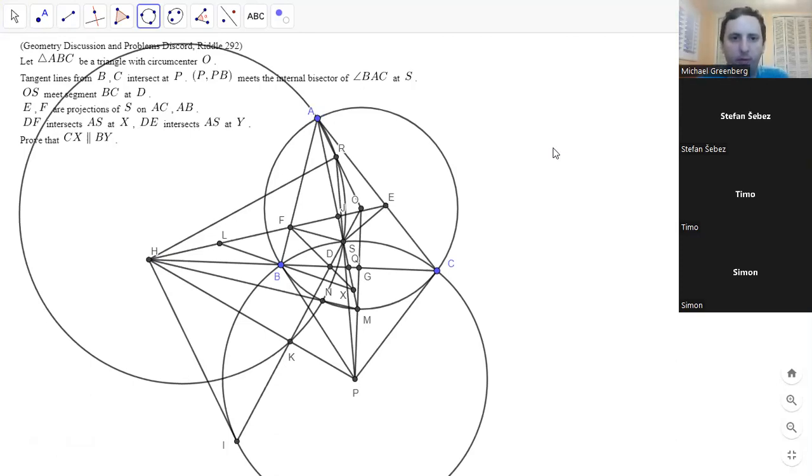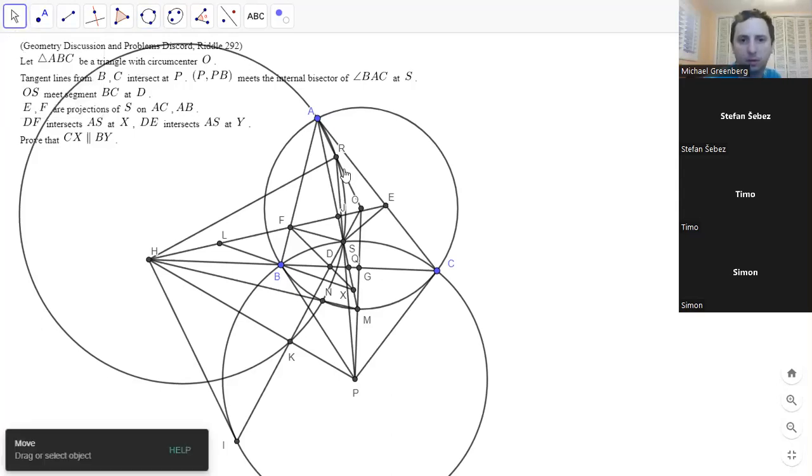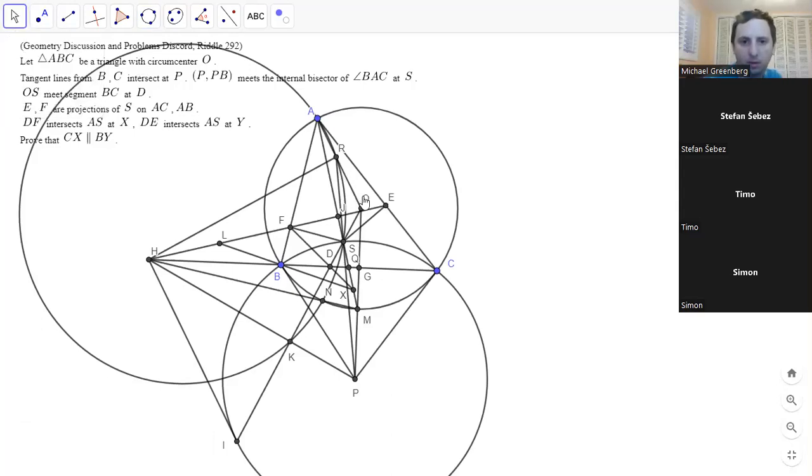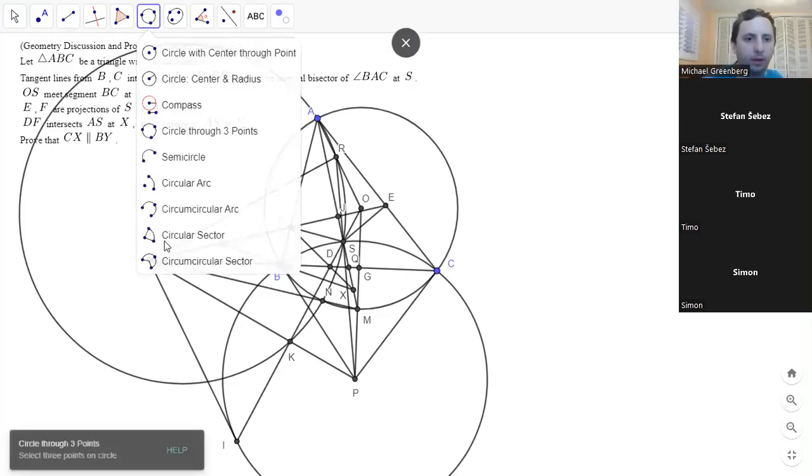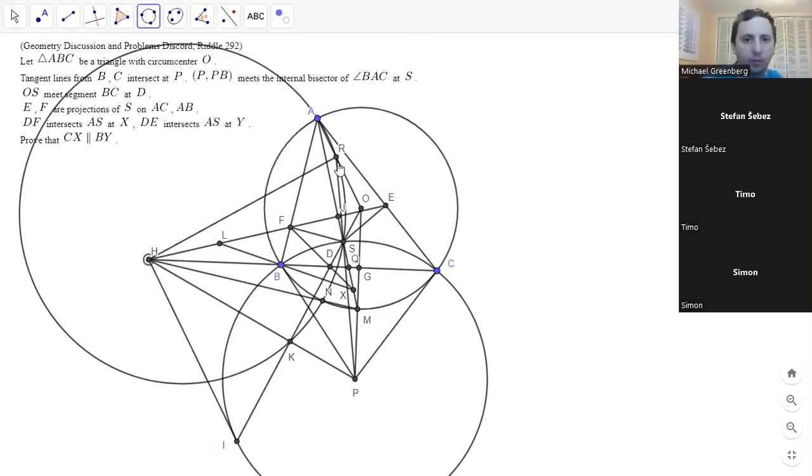So that's perpendicular. We want to show CX is perpendicular to AS. So yeah, obviously that means HROG would be cyclic.